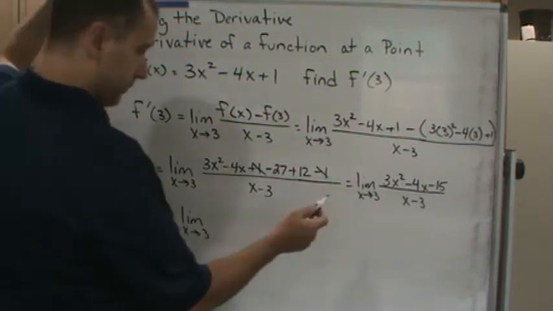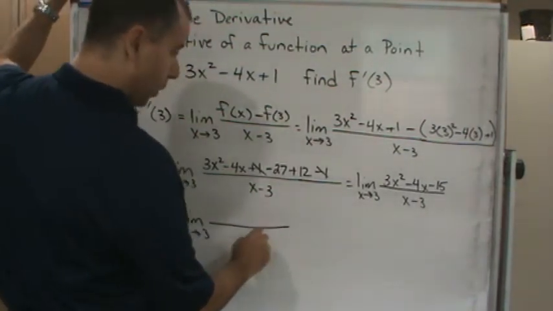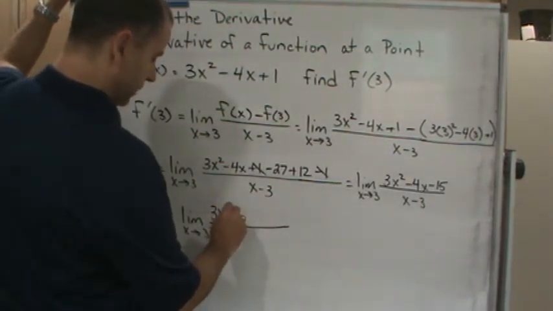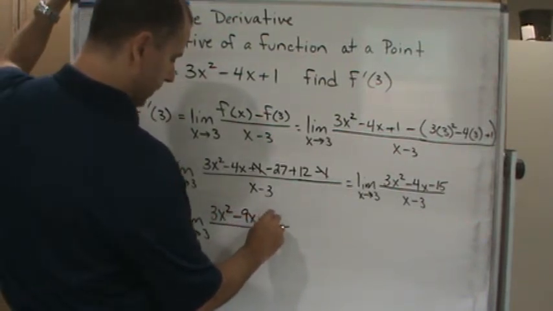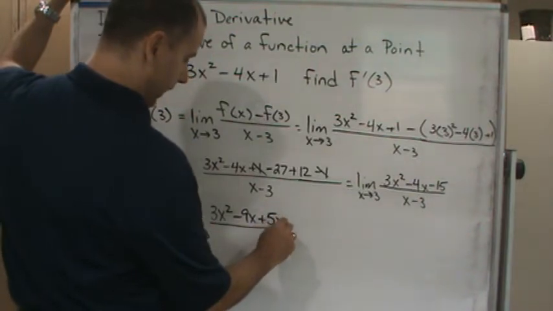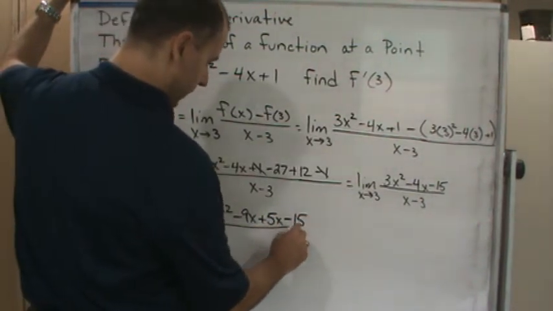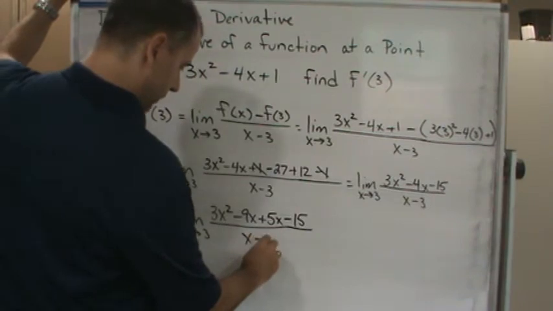So negative 9 times 5 will work. So that means I'm going to decompose this by saying 3x squared minus 9x plus 5x minus 15.